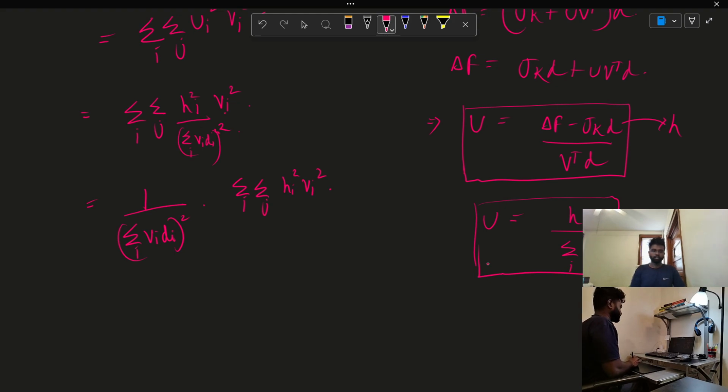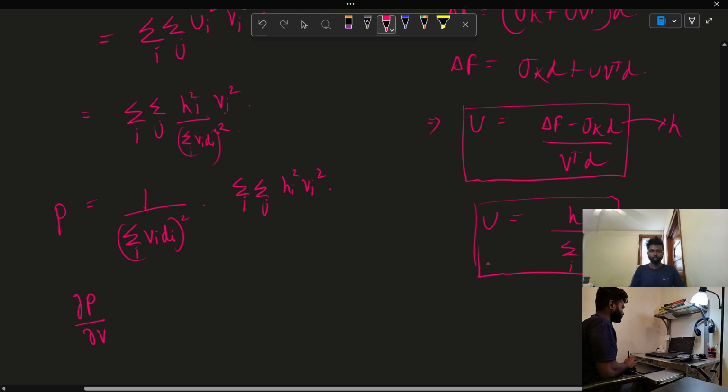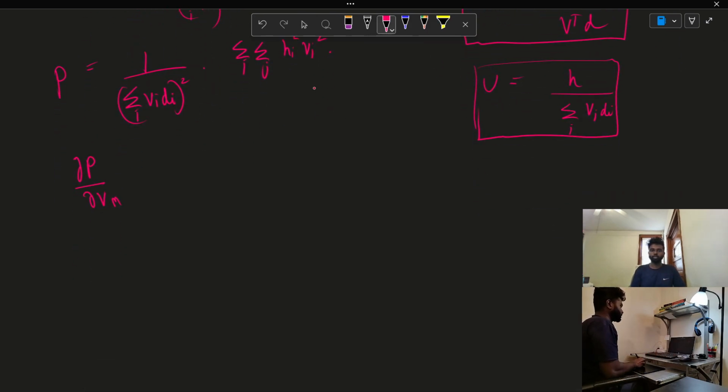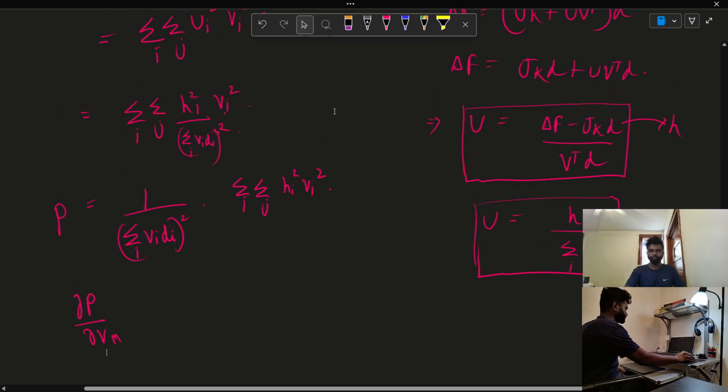Let's take this as a function p, so we'll be doing the partial derivative of p with respect to v_m. Let's take some variable m instead of i, to not get confused. Here we're going to use the chain rule.